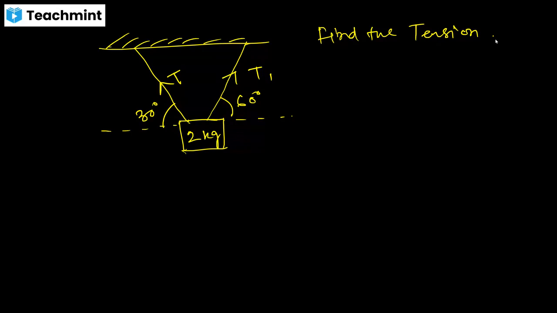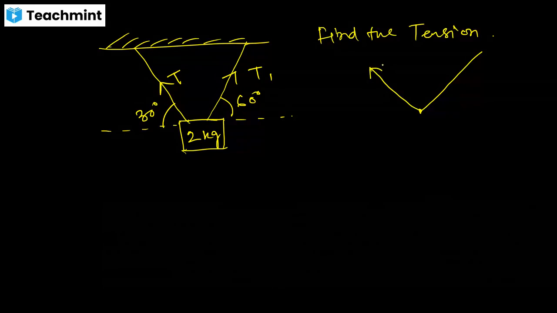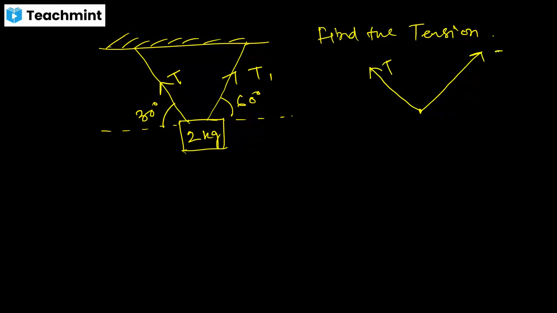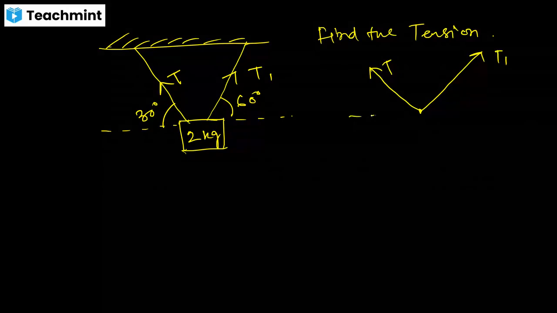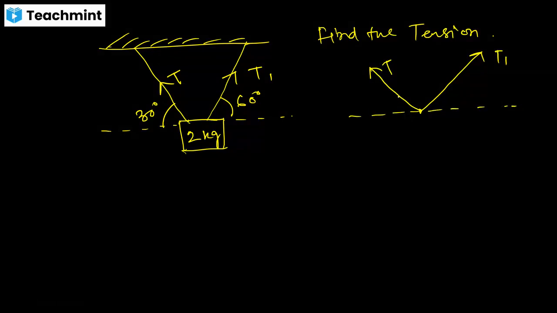Yes, sir. Very good. Now we can say that it is a point mass, and these two are the tension forces which are acting on it, right? Suppose I have assumed this is T and this is my T1. This is the horizontal line with respect to which it is having an angle of 30°.